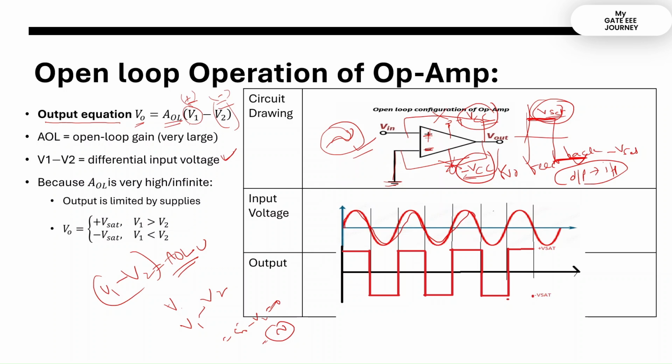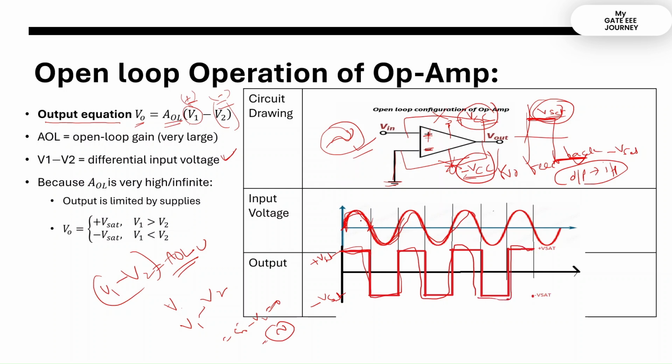What happens, sinusoidal from 0 to 180 degrees it is positive. You take any instant voltage, it is positive. So in operational amplifier, the output will be positive saturation voltage. Whenever it crosses 0 and it goes negative side, the output will be minus Vsat. Like this you will get this waveform.